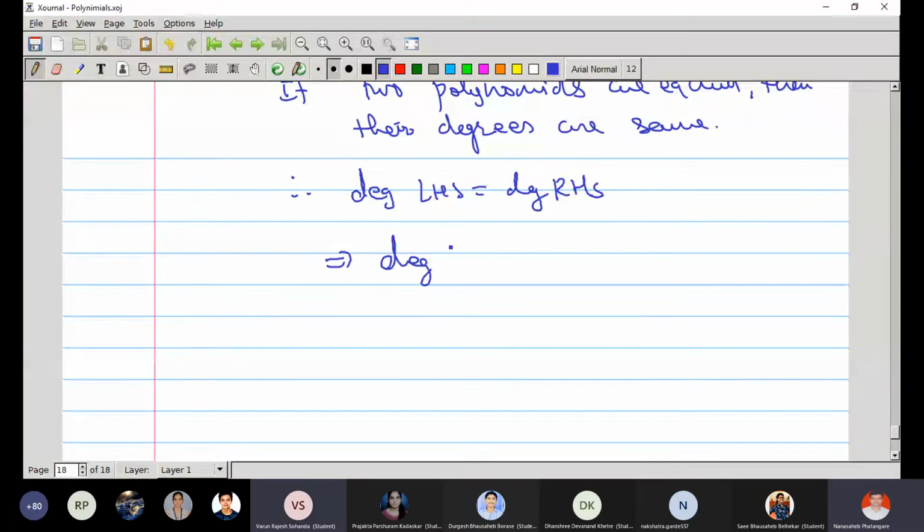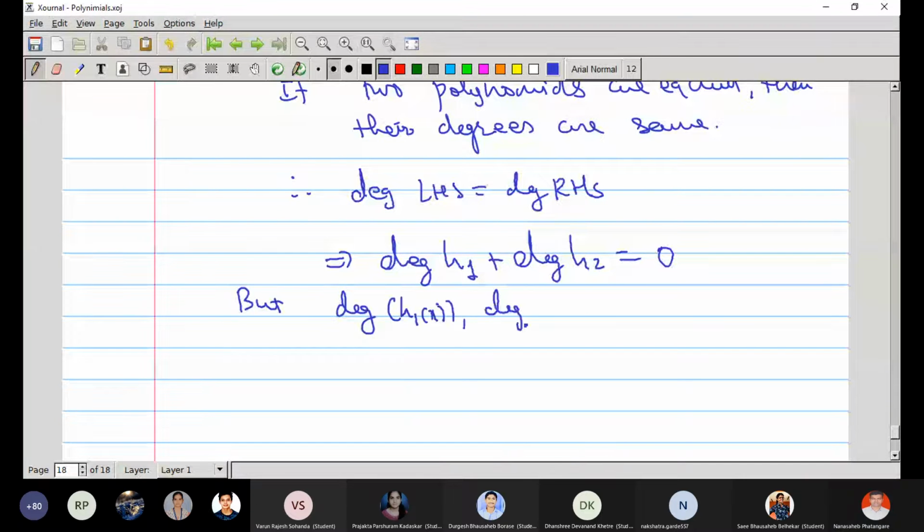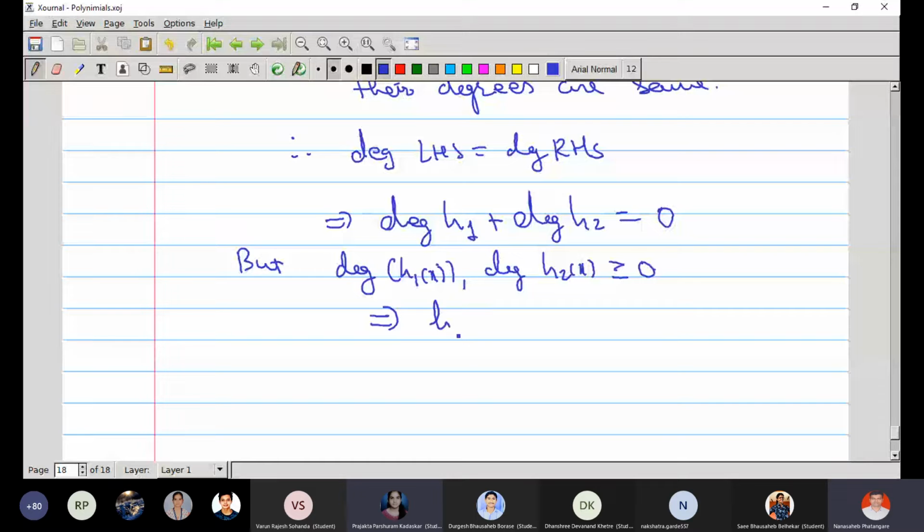But degree of any polynomial h1(x) or h2(x) is non-negative, and the sum of two non-negative numbers is 0, means what? Opposite signs? But how is it possible to have opposite signs? If one is positive, another would be negative.